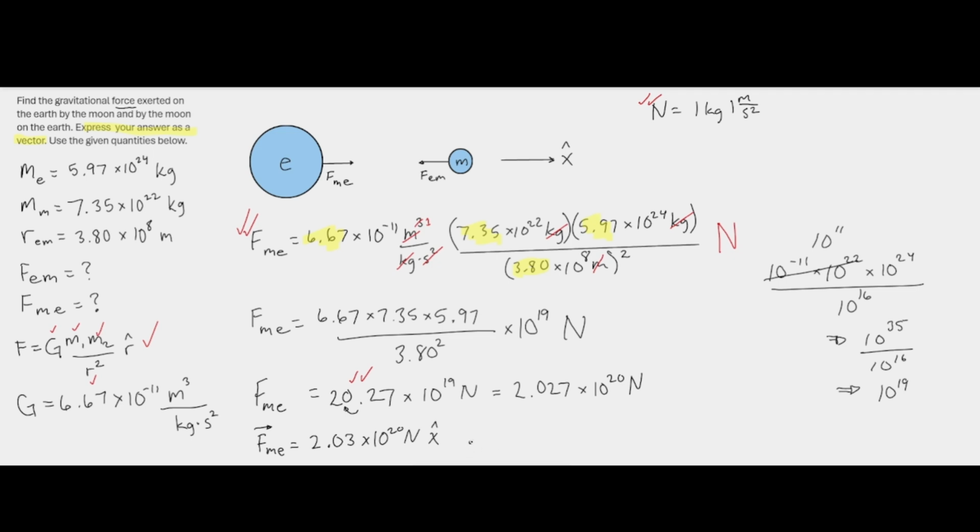And then, like I said earlier, we know these magnitudes are the same, and we've defined our coordinate system to be the positive x hat pointing to the right. Then the force of the earth on the moon is pointing in the negative x hat direction.